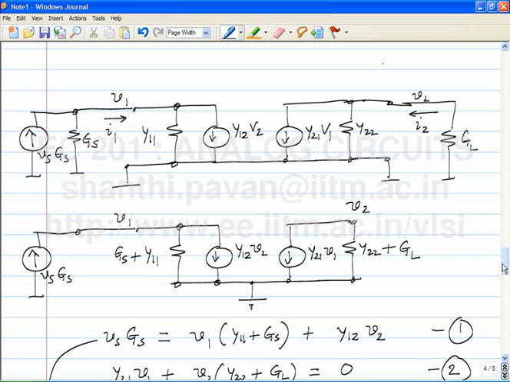So in this room, for example, where is this Y12 coming from? This is the input port, that is the output port. Is there any influence of the output on the input? Yes, so the sound goes, hits the wall at the back and comes back. So there is definitely a path from the output to the input.